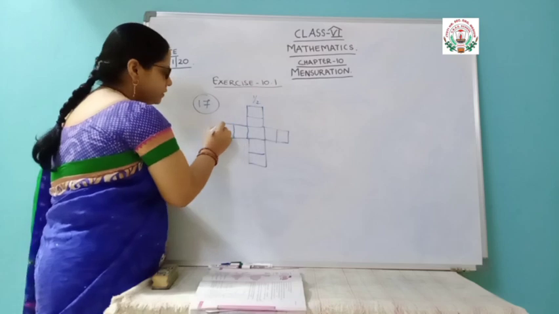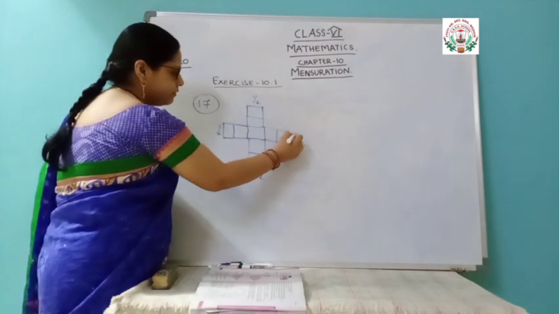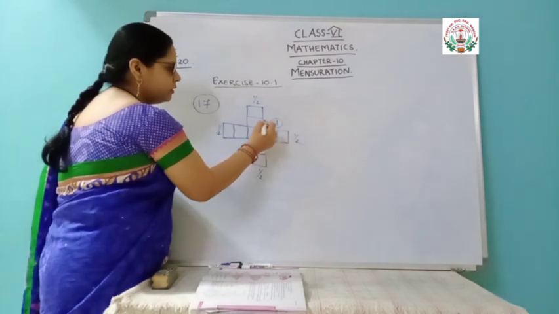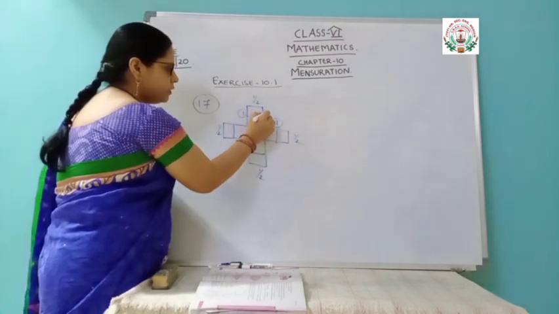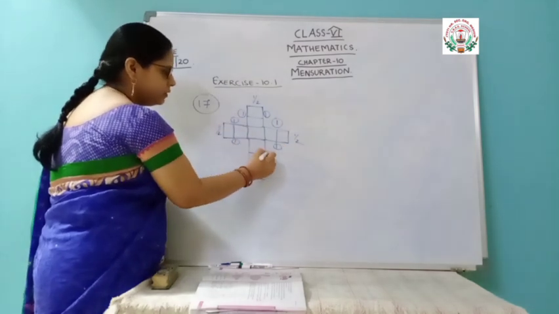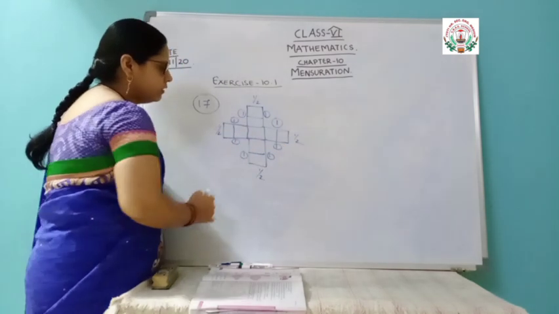This is half, so this will be half, this will be half, and this will be half. This is half and half, means this total you will get 1, this total you will get 1, here total 1, here total 1, here total 1, here total 1, and here total 1.